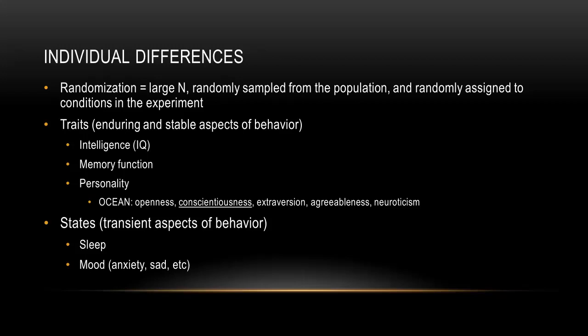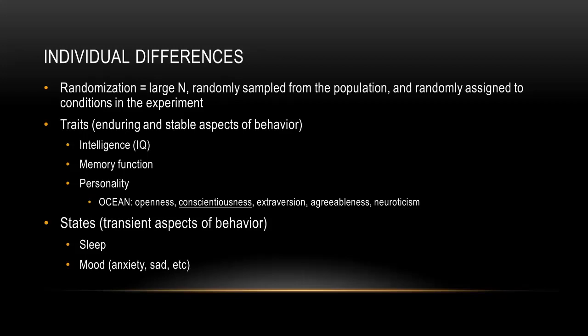Note under personality traits that I underlined conscientiousness, because that's a trait that could affect your performance in this experiment. Because a conscientious person is a person who says, you know, when I'm given a job to do, when I'm given a task, I'm going to do a good job and I'm going to put in my effort and do what's expected of me.